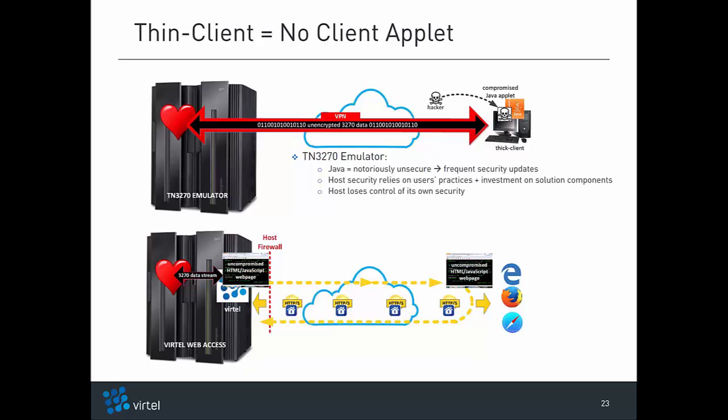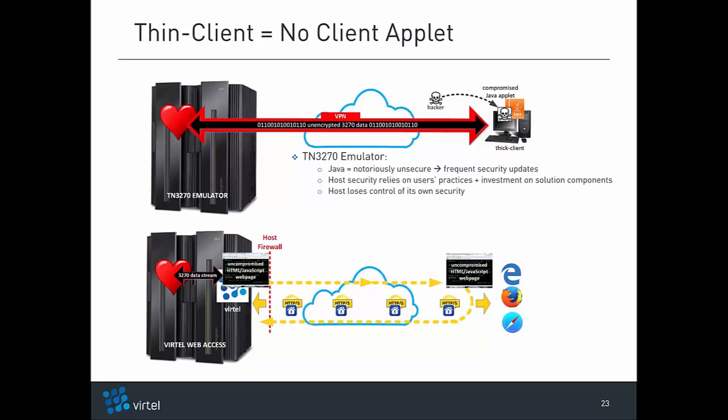Distributed Java client applets are quite sensitive to those updates, and it makes the support of distributed Java client applets particularly cumbersome and costly. Of course, if the Java security updates are not applied, the TN3270 clients may be exposed to attacks.